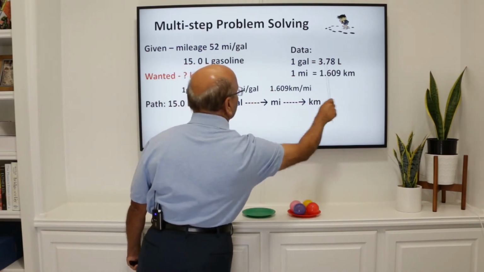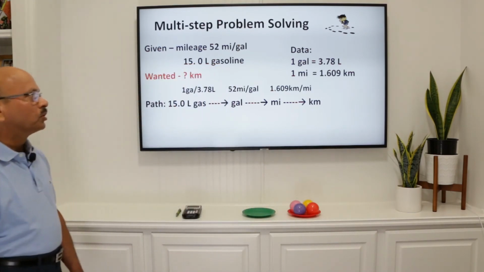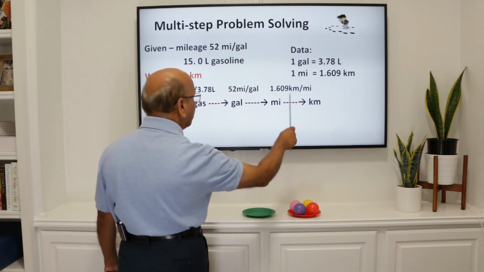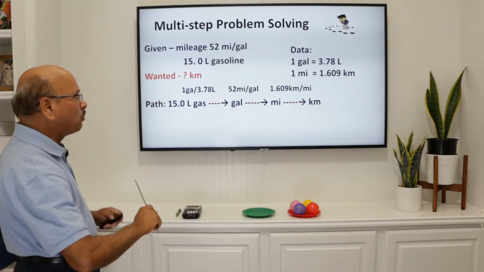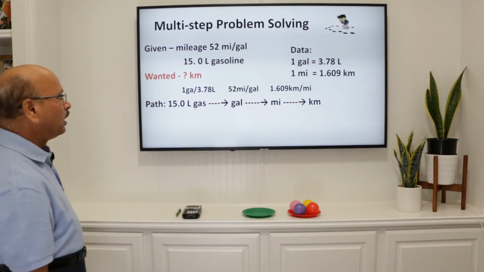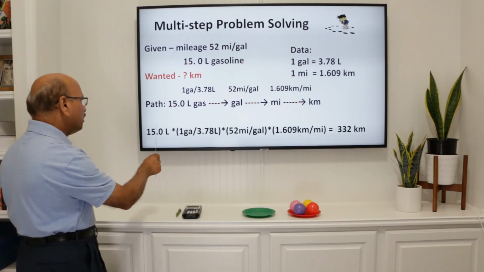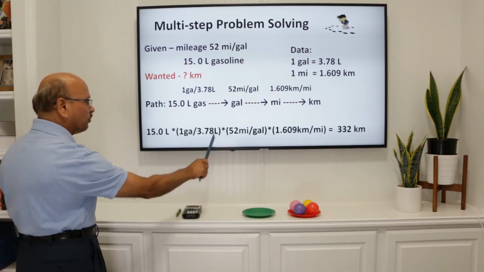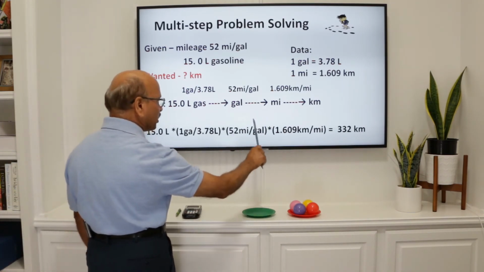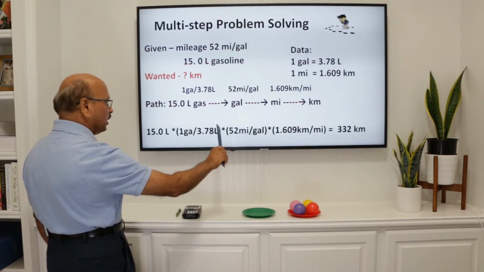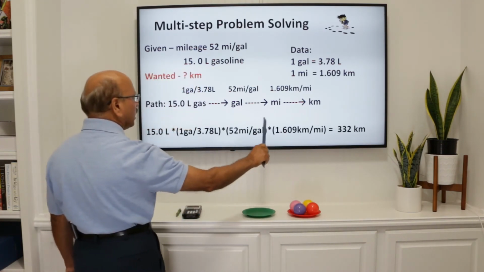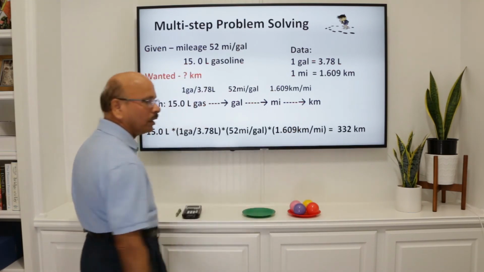So the equality 1 mile equals 1.609 kilometer, you can use as 1.609 kilometer over 1 mile, and then you just multiply, starting with the given thing with the conversion factors. So it goes as 15.0 liter, times the first conversion factor which converts the liter into gallon, times the second which converts the gallon into mile, and the last conversion factor which converts the miles to kilometer, and you're going to get the kilometer.